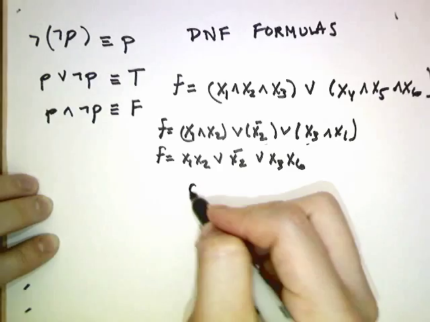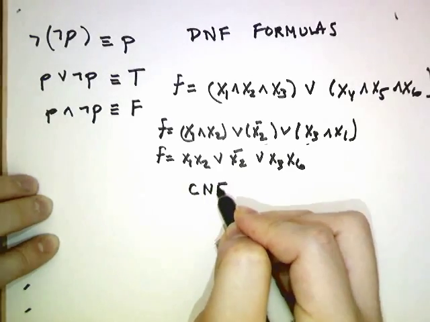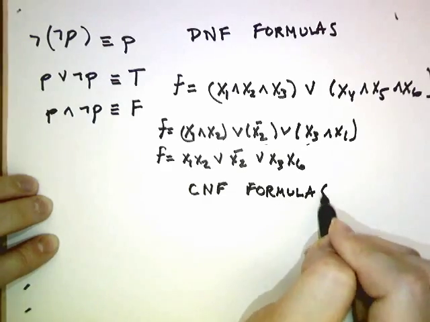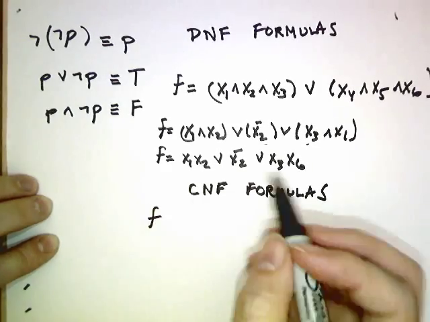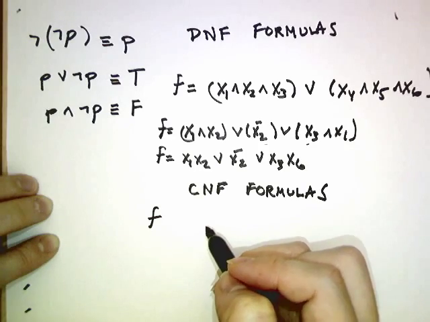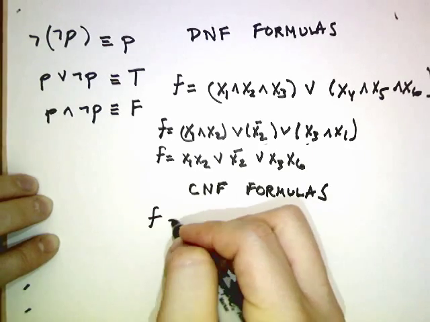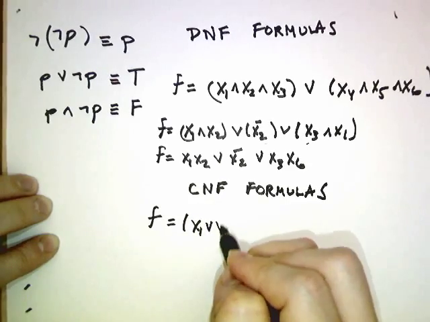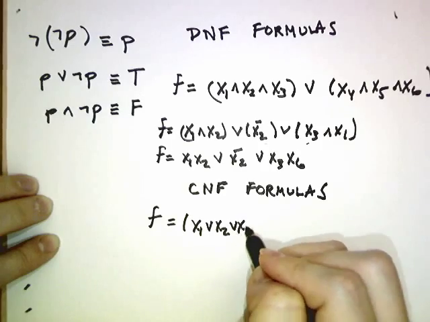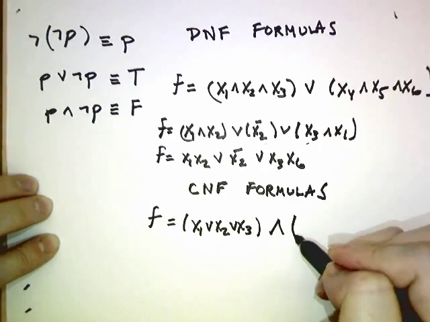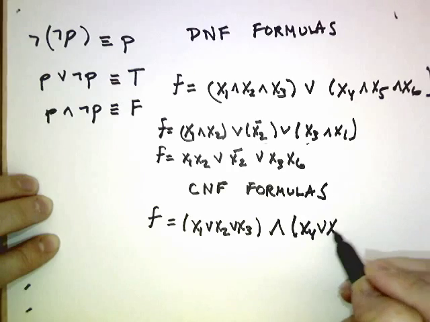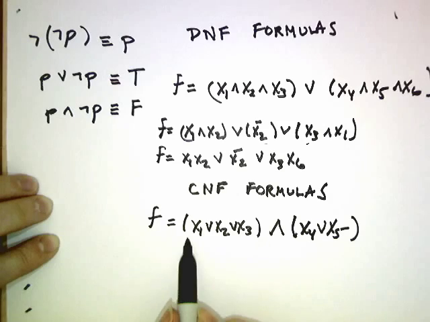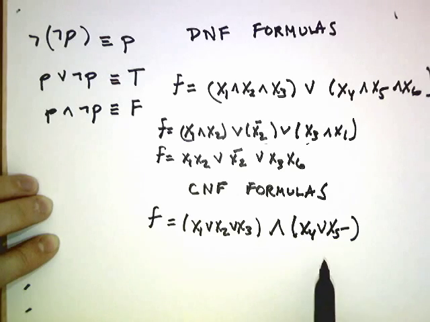And then there's something called CNF formulas. Instead of being an OR of ANDs, these are ANDs of ORs. So for example, if I write F equals (x1 or x2) and (x3 or x4 or x5), well, it's an AND of two ORs, so it's a CNF formula.